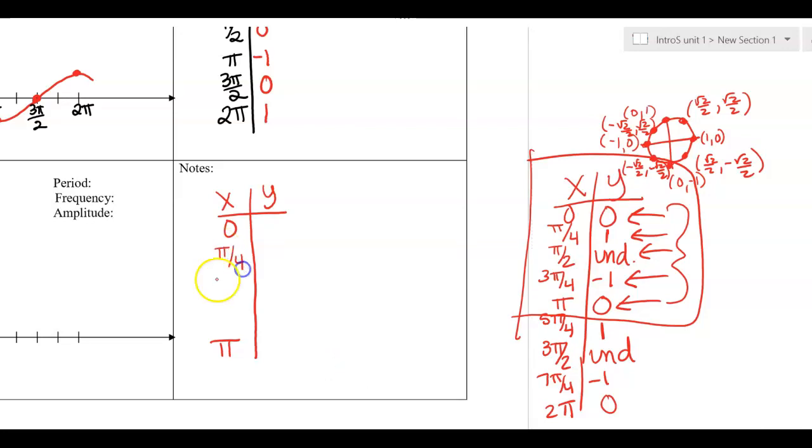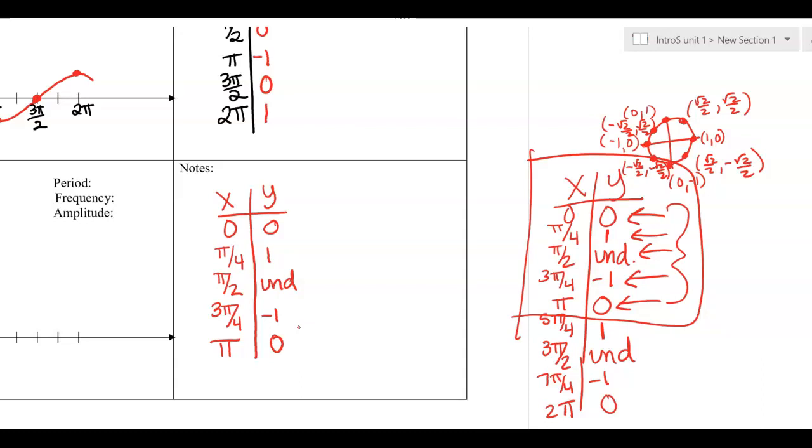So 1/4, 2/4, 3/4, and then 4/4. Okay, and we already did the calculations right here. So I'm just going to take these values and put them over there. Okay, so 0, 1, undefined, -1, 0. Yes. So this is the parent function for the tangent.